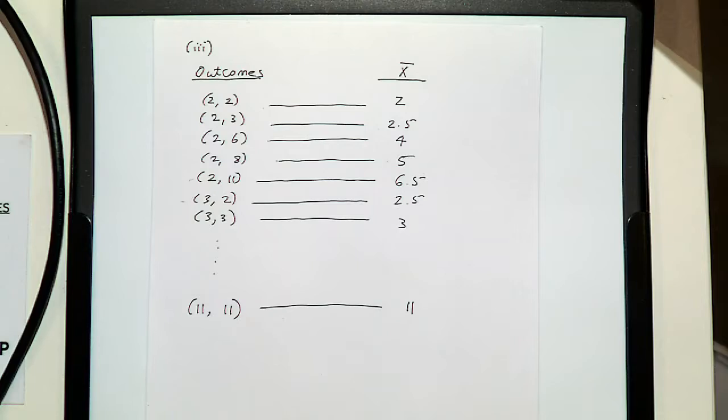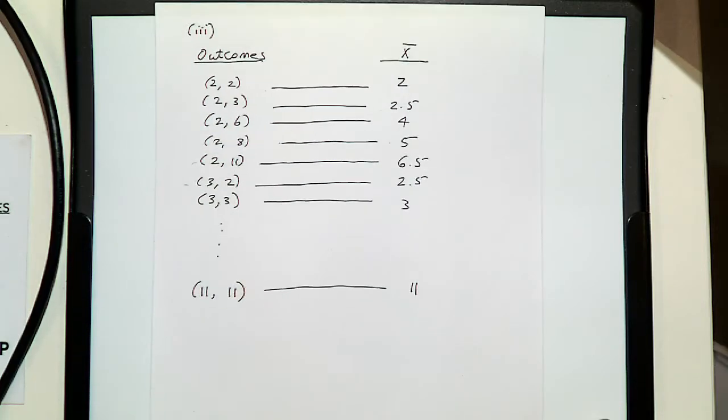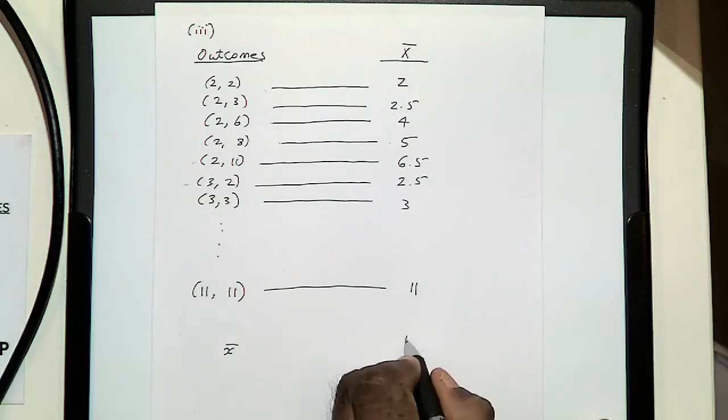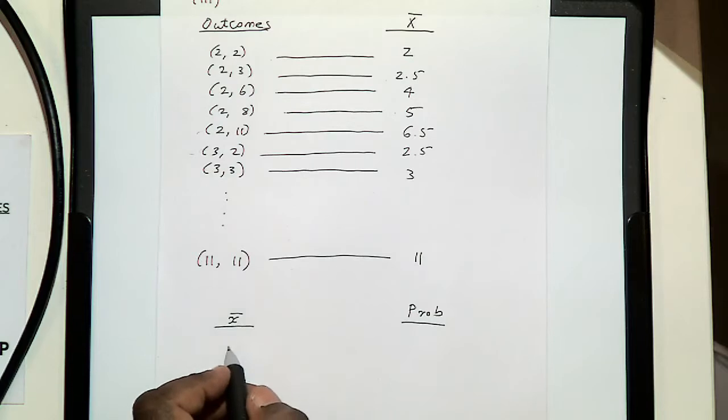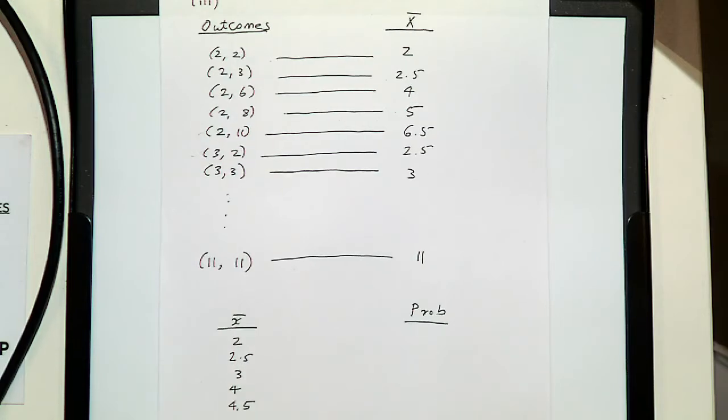The next thing you need to do is to have another table where you list the values for x bar and the corresponding probabilities. Here the possible values for x bar are 2, 2.5, 3, 4, 4.5, and the largest possible value for x bar is 11.